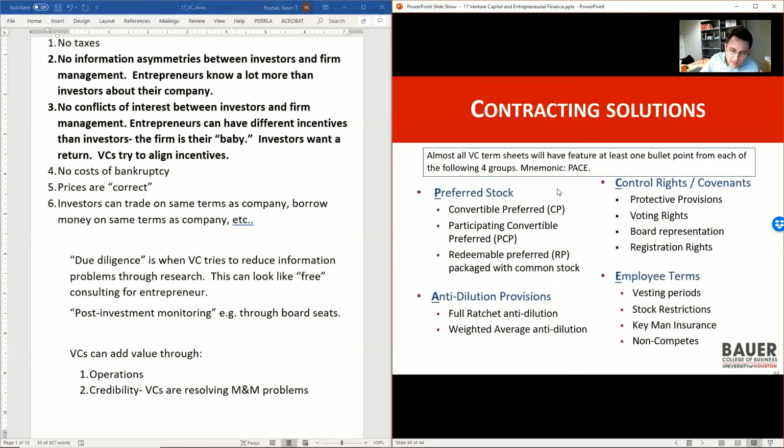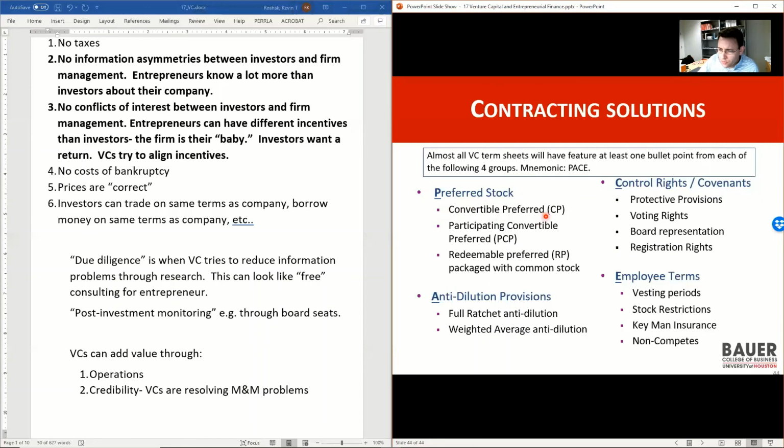Obviously, we can spend a whole class on all of the different contractual terms that VCs can use, but here's an outline. We're not going to discuss any more detail, but there are 4 groupings of contracting solutions to deal with the information and agency problems. The first is the type of stock that you issue.